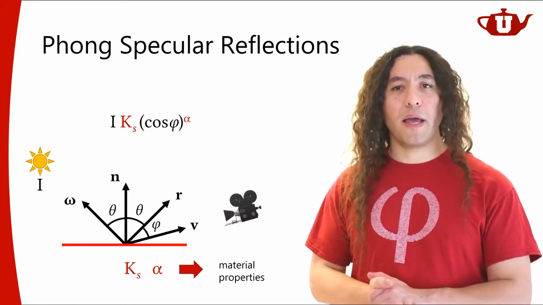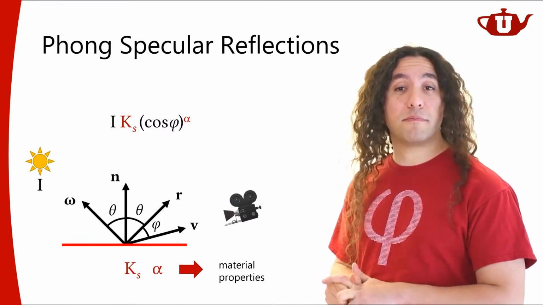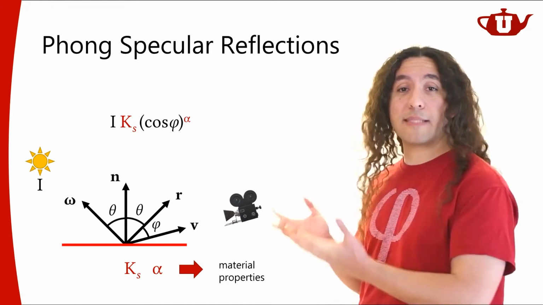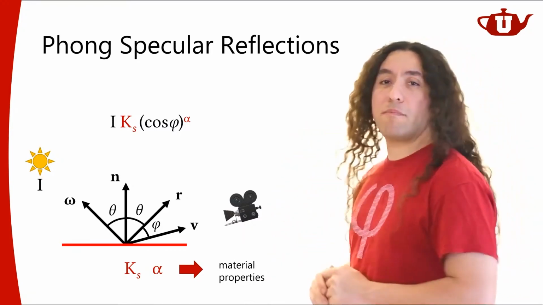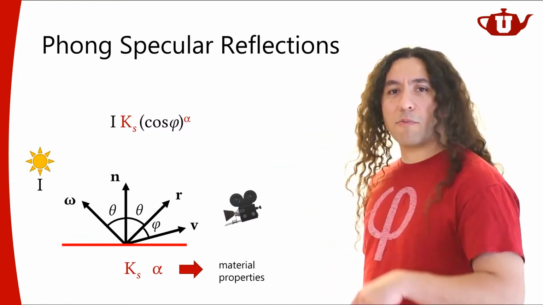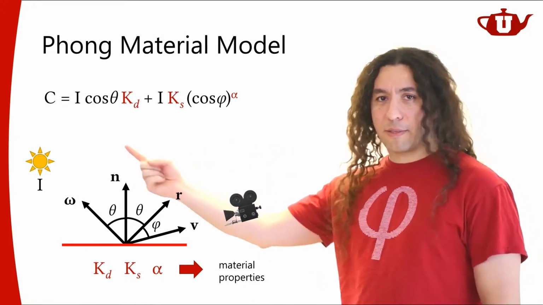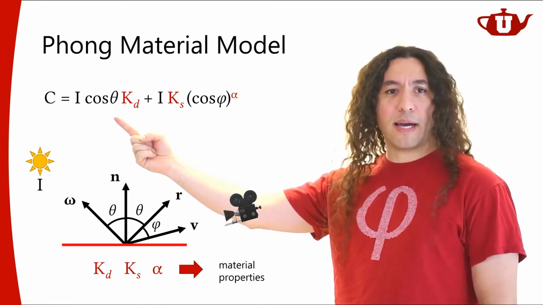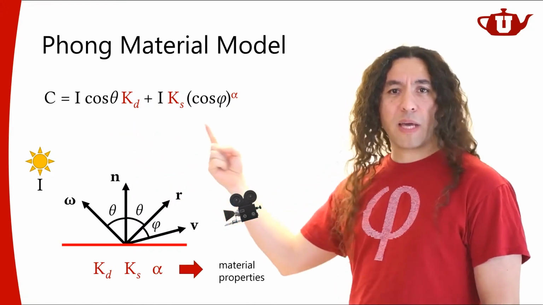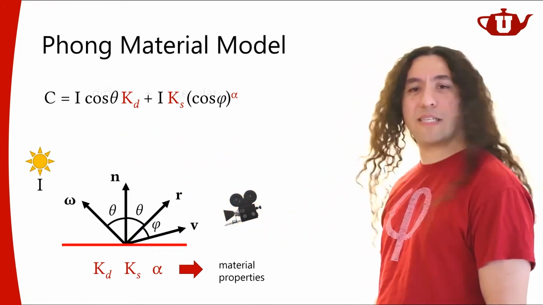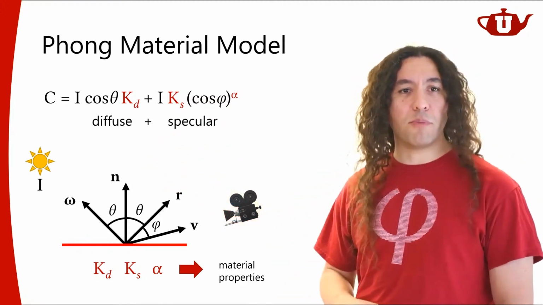That's going to give my Phong specular reflection term. All right, so that's how the Phong model works. And if I combine this whole thing, the Phong material model is going to look like this. This is the one that you should recognize: the Lambertian model that we talked about earlier, the diffuse model. And this is the Phong specular component. So this material model has a diffuse component and a specular component.